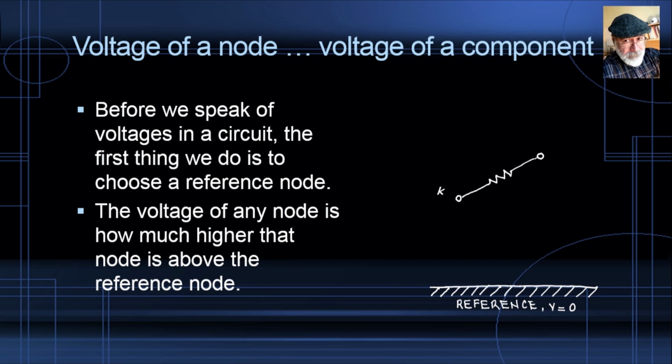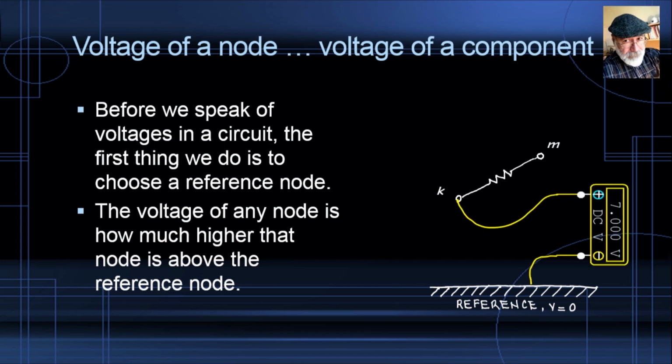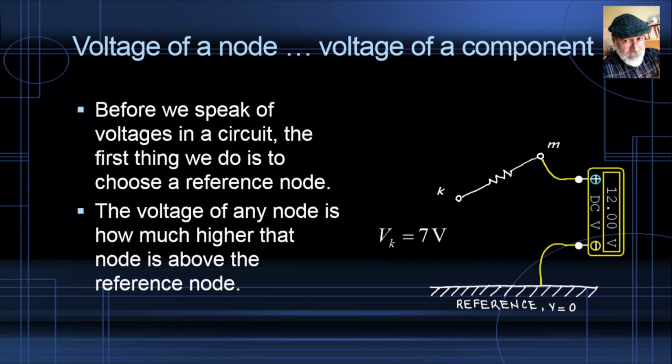How much higher K is than the reference? Well, this voltmeter tells us that K is 7 volts higher than the reference, so by definition that is Vk, that is the voltage of node K, 7 volts. What about node M? Node M is 12 volts above the reference, its voltage Vm then is 12 volts.